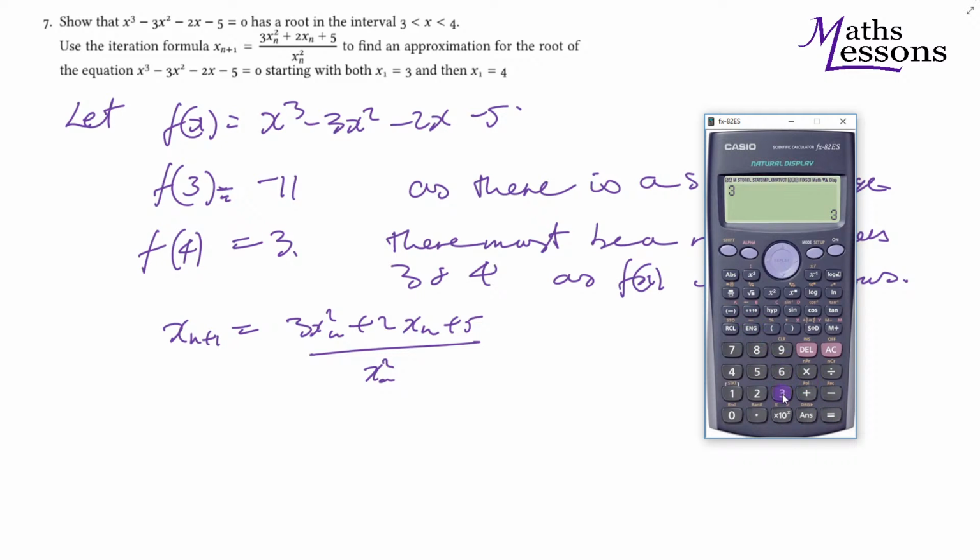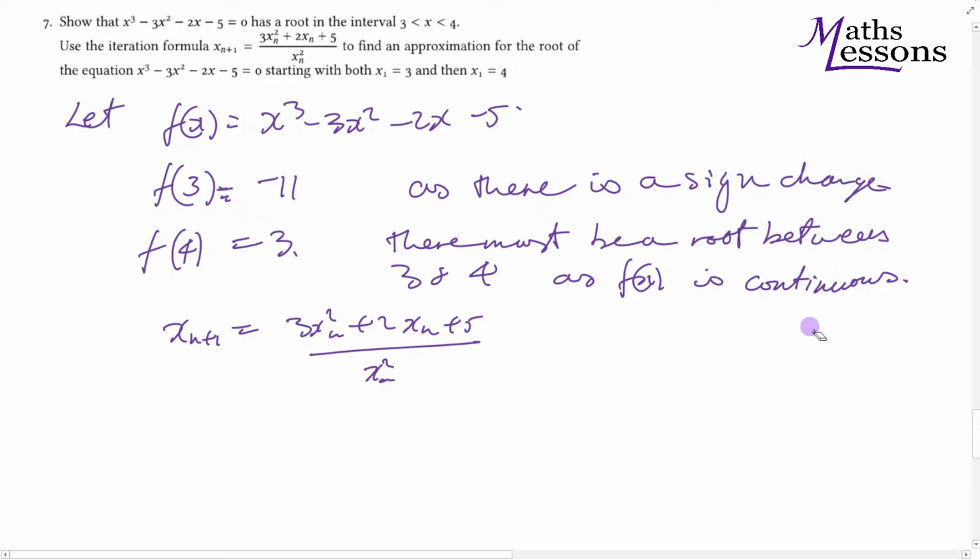And then I'm going to do 3 times the answer squared, plus 2 times the answer, plus 5. I just realised I need to put some brackets in. And then I'm going to divide all of that by the answer squared, making sure I put brackets around that, so square it before I divide it, and press equals. And I get the decimal, I get 4.22 as my first value.